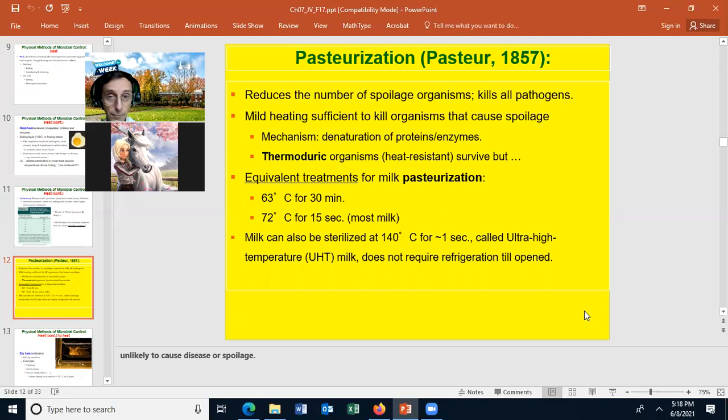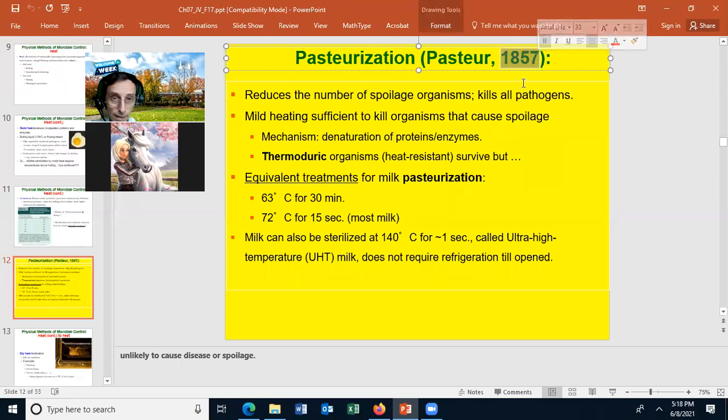Pasteurization was something that was started by Louis Pasteur in 1857. You do not need to know the year that Pasteur did this, and it's sort of like when I was talking about the history of biology. You don't need to know the year, but you should know that Pasteur started pasteurization, and of course that's a term that came out of his name.